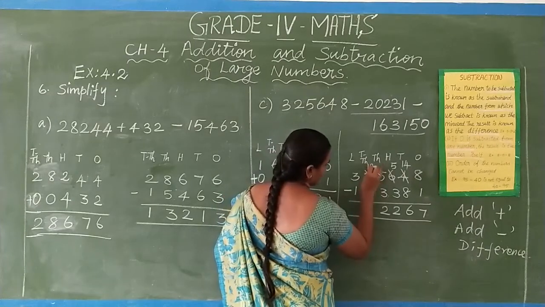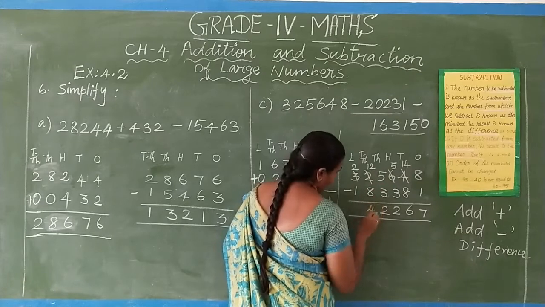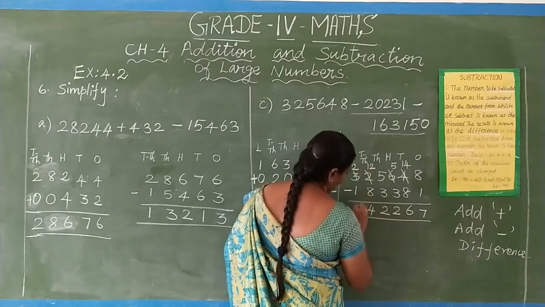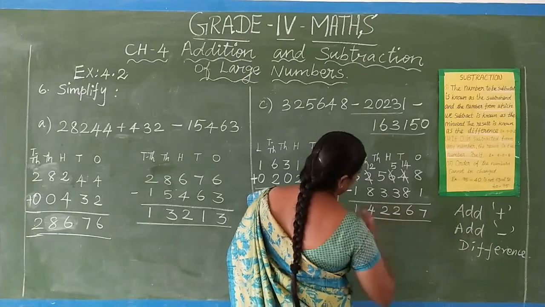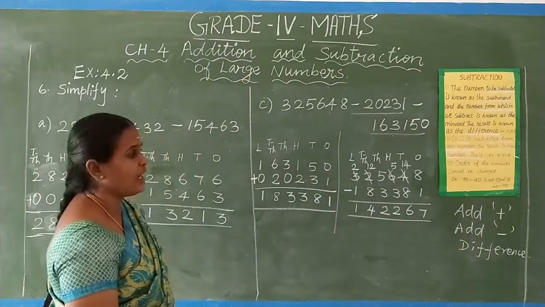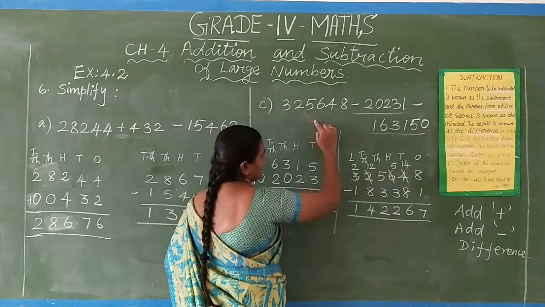So this becomes 12, and 3 becomes 2. 12 minus 8, 4. 2 minus 1, 1. So 1,42,267.